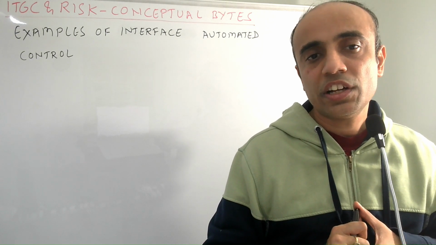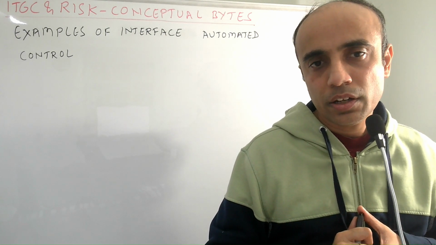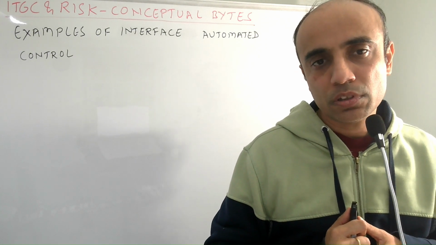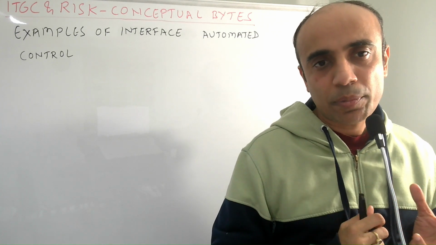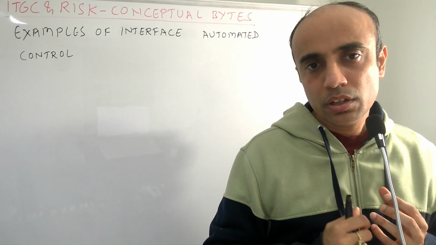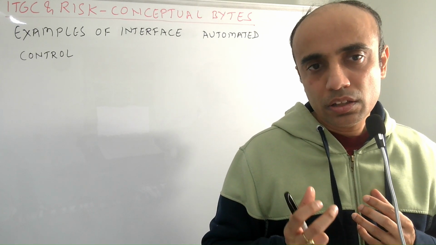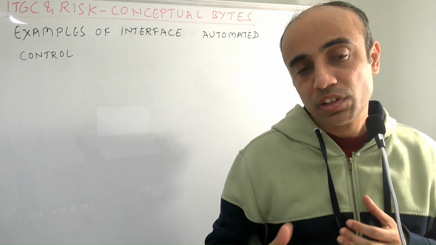Next is the interface between the treasury application and the banking Swift application, another common example from the SOX and finance world. When the treasury application interacts with the banking Swift application, the interactions happening in an automated way through an interface is an interface control.